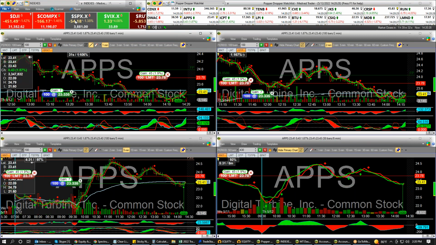But now you can't see it. You see the limit, but you don't see the stop. It just kind of messes up. So you end up having to manage it through Thinkorswim. I could cancel it and then reset it.